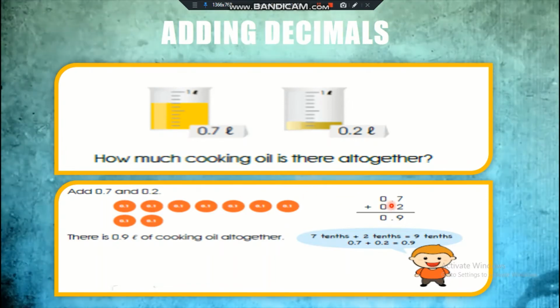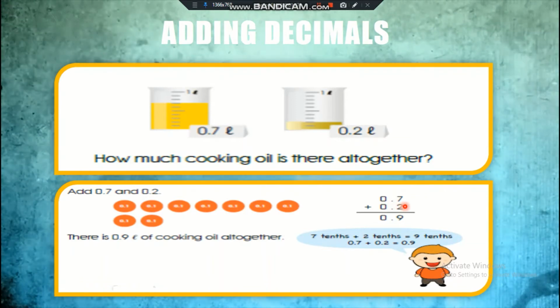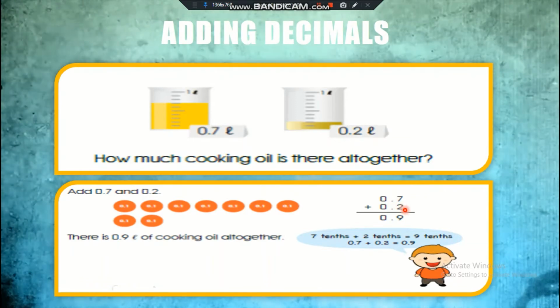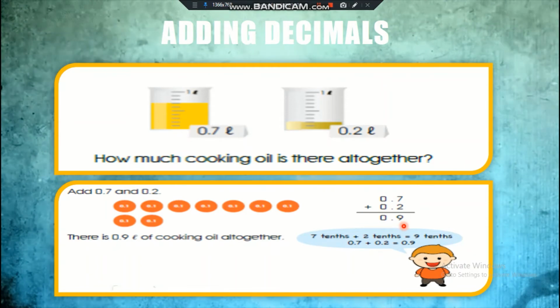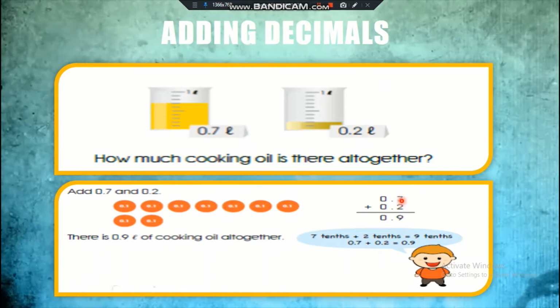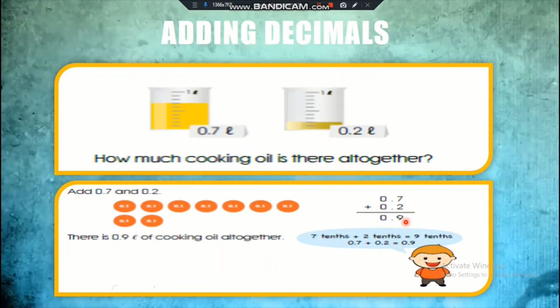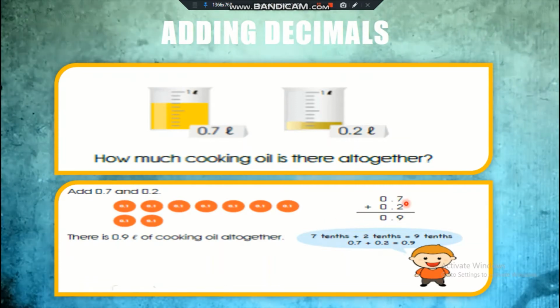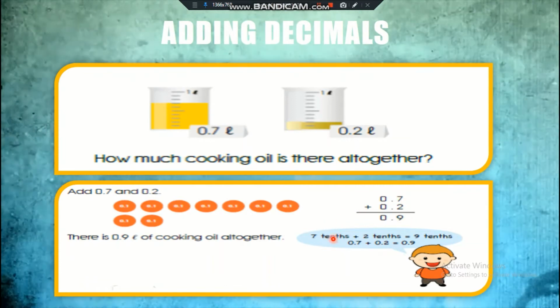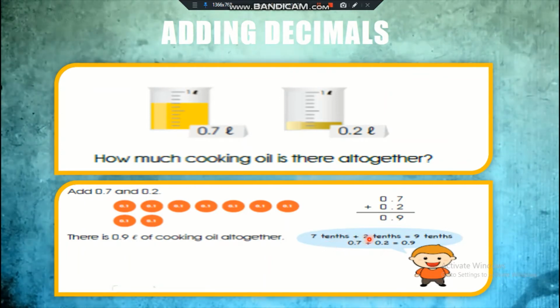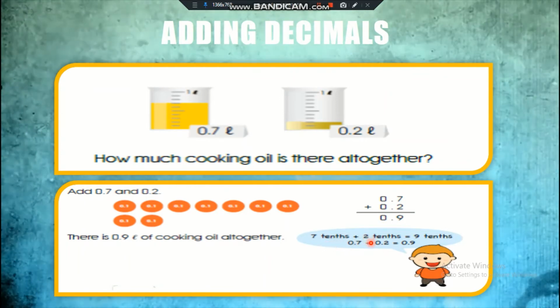So over here, 0.7 you will add with 0.2 and you will get 0.9 because 7 plus 2 makes 9. And you know that 0.7 stands for 7/10 and 0.2 stands for 2/10.